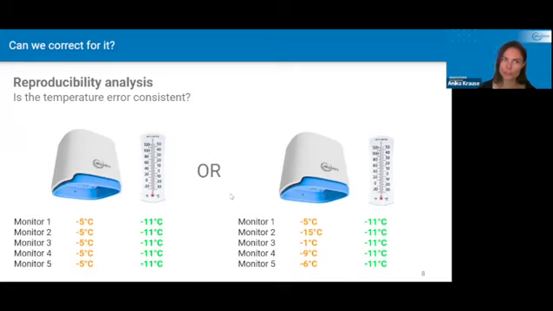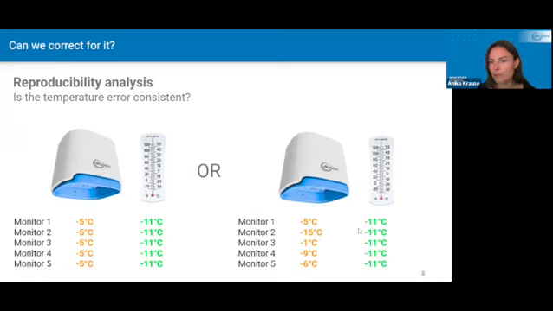To make sure that you can correct a sensor systematically, first you need to understand whether this error we're seeing is consistent among all monitors. So if we place, let's say, 50 monitors at minus 11 degrees, do they then all measure the same but wrong temperature?